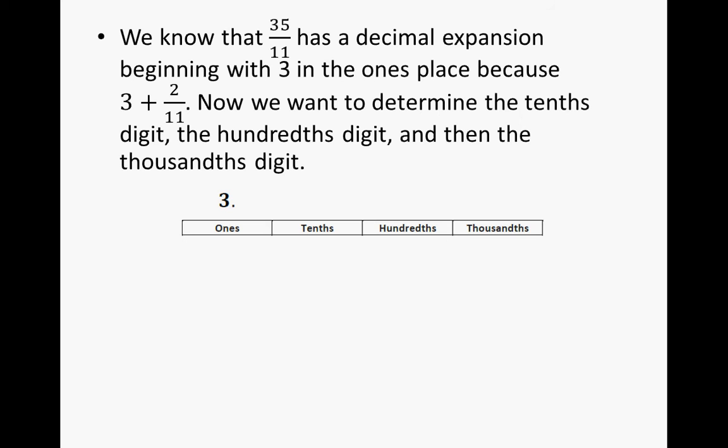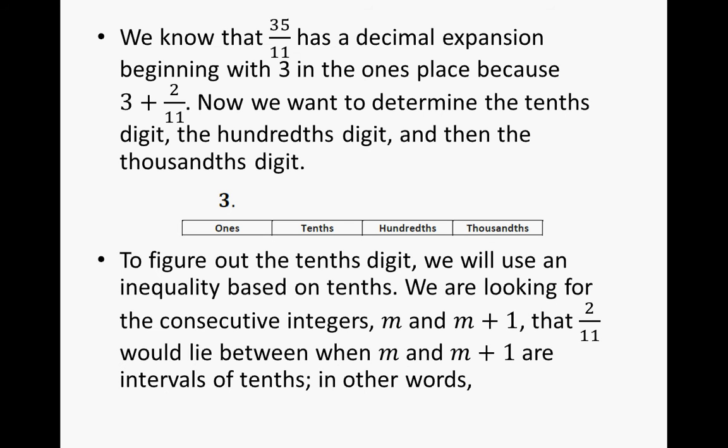So here we are with our typical model of place value that you might have seen in second and third grade. And we have a 3 in the ones place with a decimal point after it. So to figure out the tenths digit, we will use the inequality based on tenths.